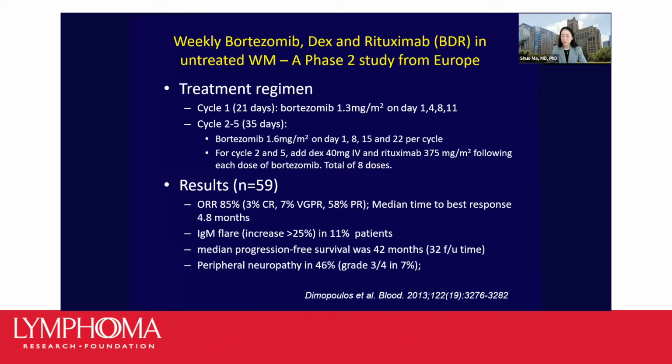And nowadays, we often also use subcutaneous injection versus IV administration. Those measures can help to reduce the rate of peripheral neuropathy, but it's still a problem. You can see that even with the modified regimen, peripheral neuropathy is still present in 46% of patients. Even though most of those are relatively mild, severe neuropathy is only in 7% of patients.